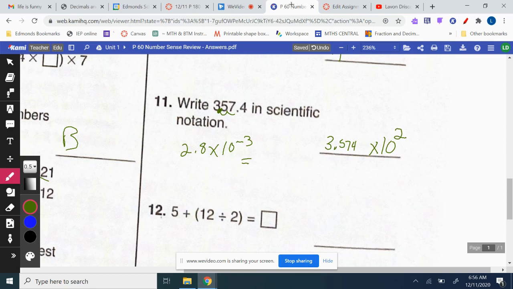Well, the negative sign means that's a small number, so I'm going to make 2.8 smaller by 3 moves of the decimal. 1, 2, 3. And I'm placeholding those with zeros. And that's how you do it.